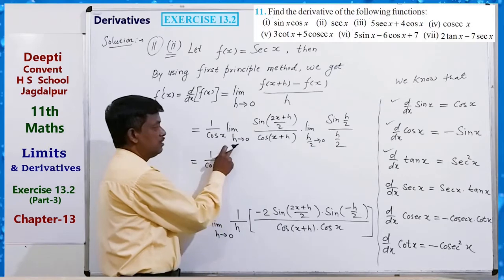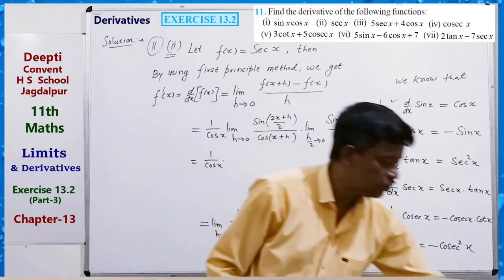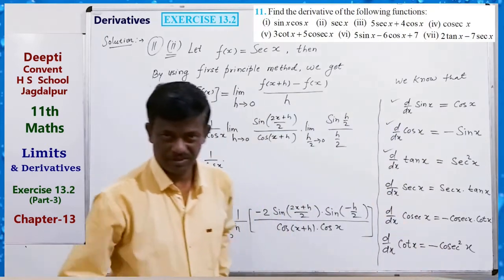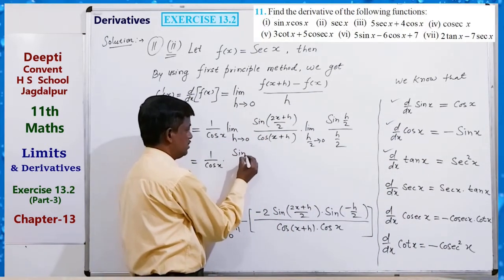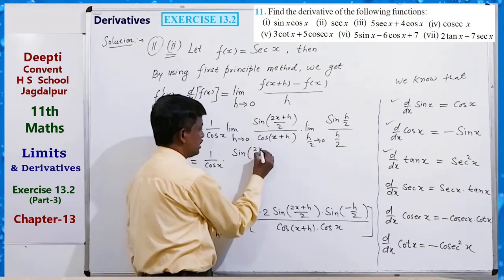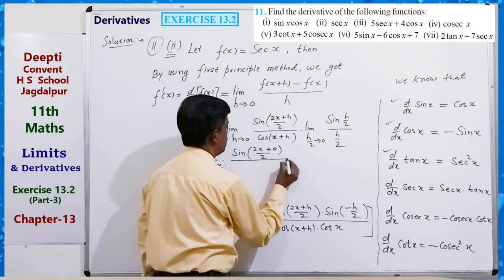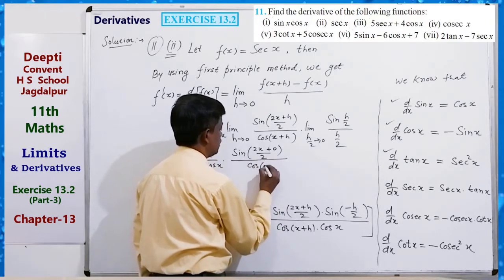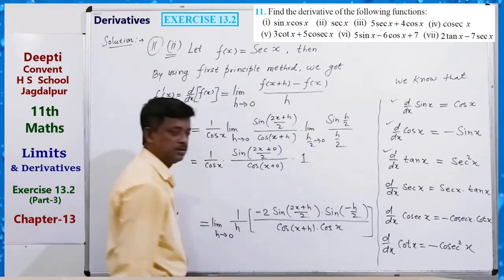Now the value of h as 0 can be put here, because we can get a definite value. So sin 2x plus 0 by 2 upon cos x plus 0 into 1.